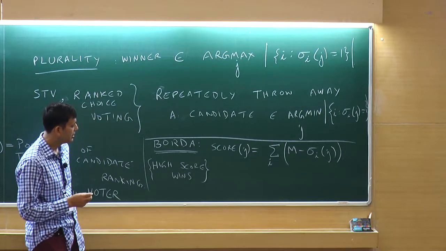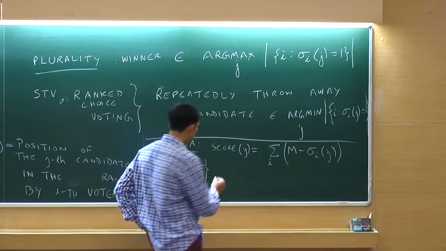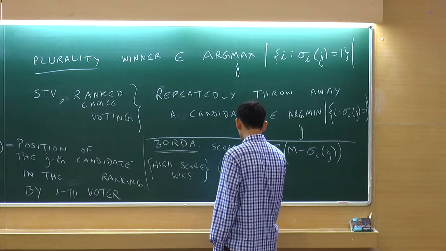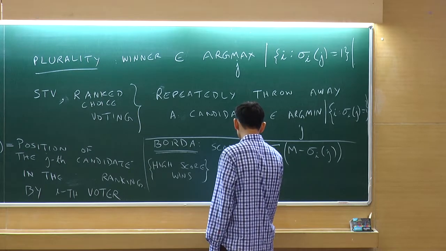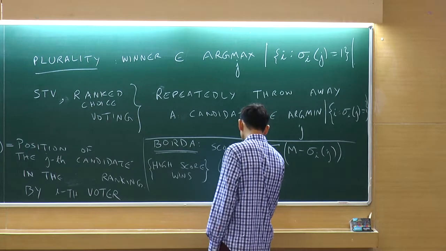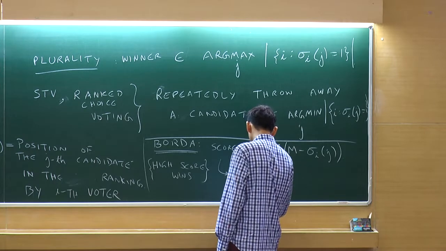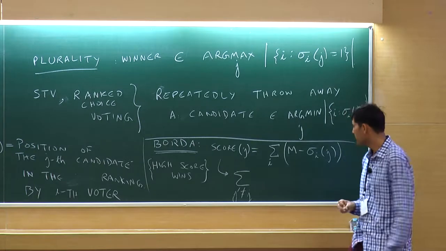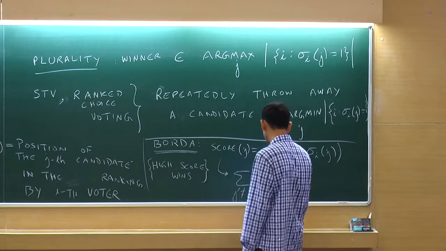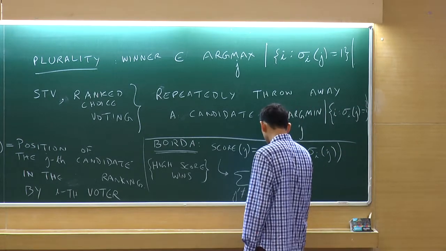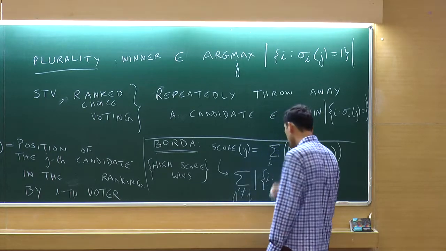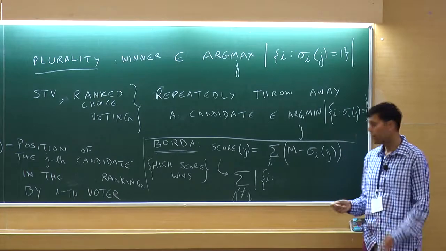Another way of defining the same score is that the score of j is the sum over all j prime not equal to j, so you look at every other candidate, of the number of rankings in which j beats j prime.